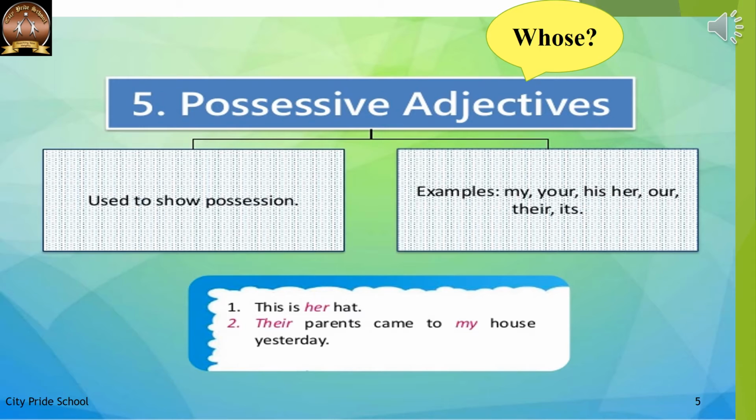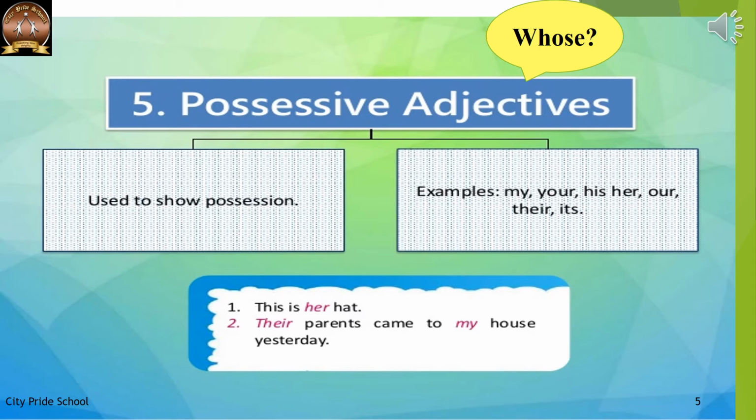When we say this is my house, this is my pet, this is my book, it shows that it belongs to you. When you say this is my house, it tells that the house belongs to you. So my, your, his, her, our, their and its, these all are possessive adjectives.